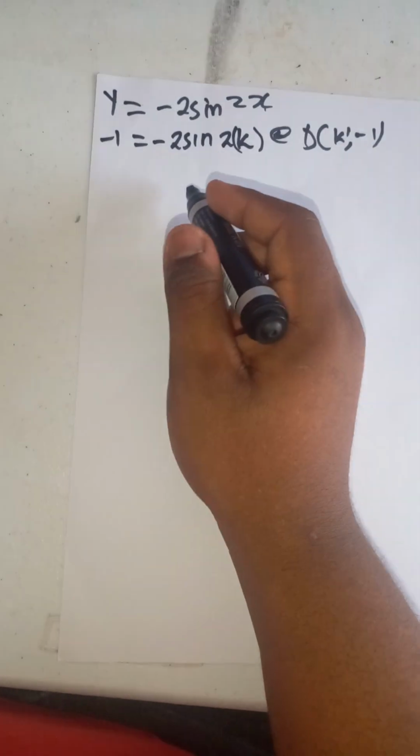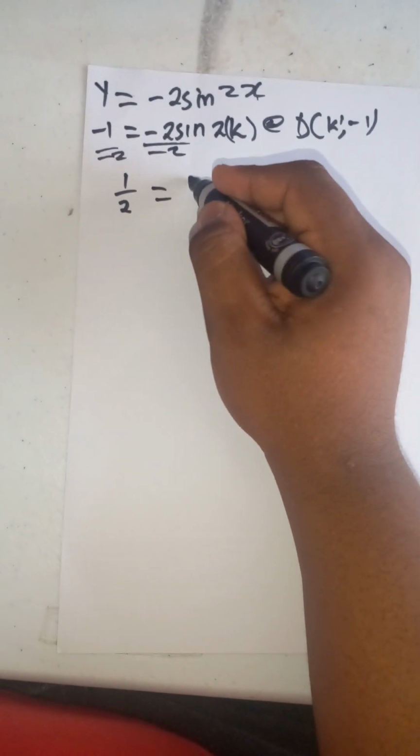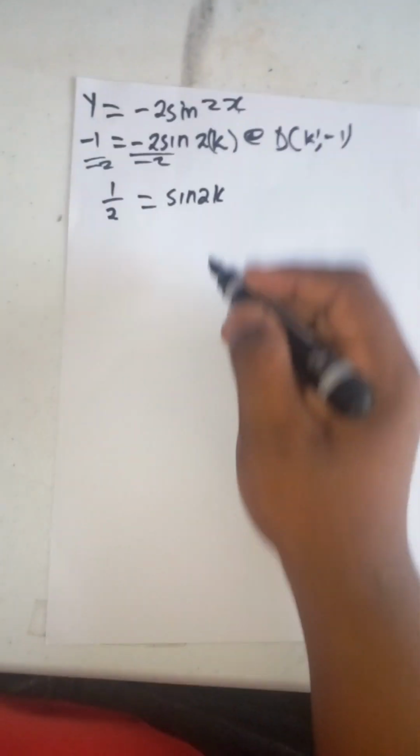So now at y, it is negative 1, which is equal to negative 2 sine 2k, because where there is x, I put k. Now after that, I can simply divide both sides by negative 2. So it will be the same as 1 over 2, because negative over negative is positive, which is equal to sine 2k. Can you see it?